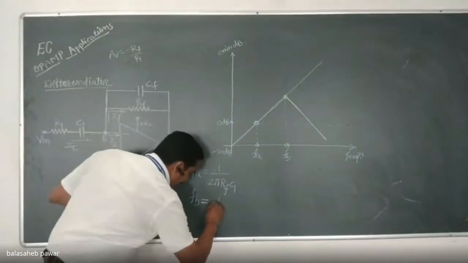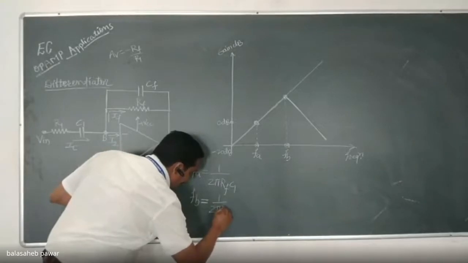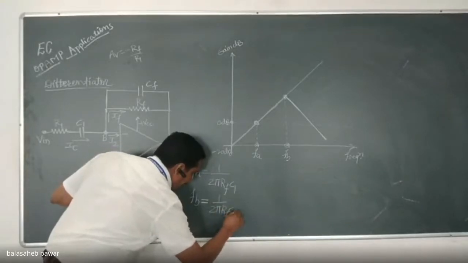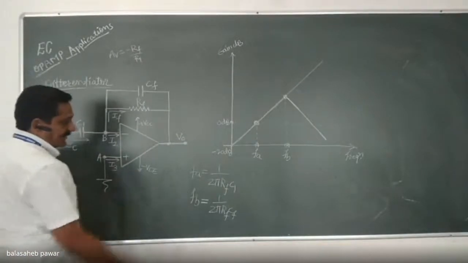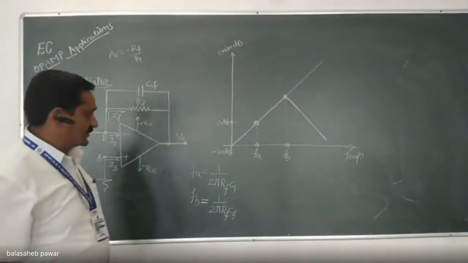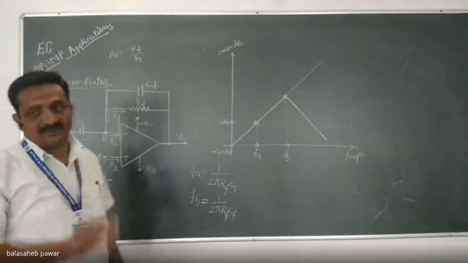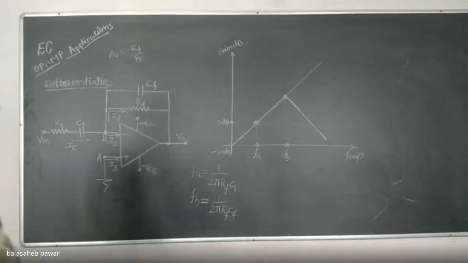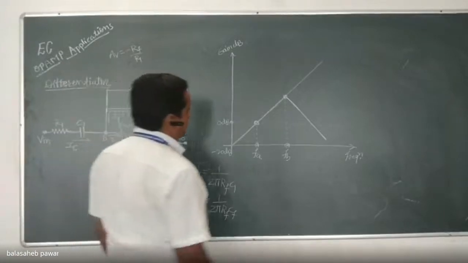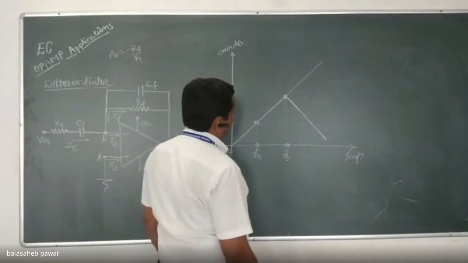It is also known as the gain limiting frequency, equal to 1 upon 2 pi RF CF, or we can take FB equal to 1 upon 2 pi R1 C1 also. So this is about the ideal differentiator, its disadvantages and how to overcome them, which is the practical differentiator. Is it okay?